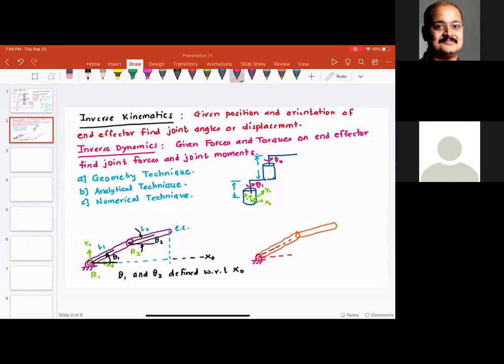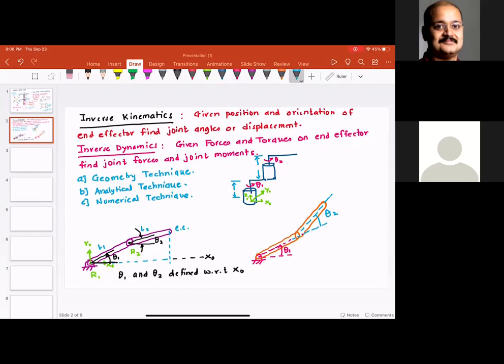This is theta 1, but theta 2 is defined with respect to, just for the sake of simplicity, let me show you so that it's easier to visualize. Theta 2 will be defined with respect to the center line or the axis of the first link.